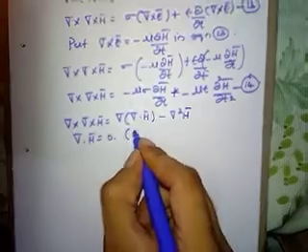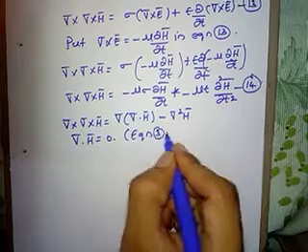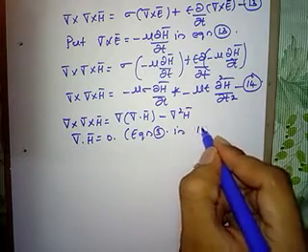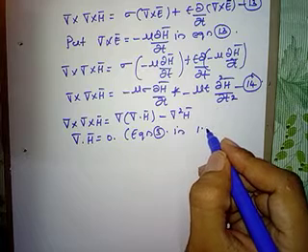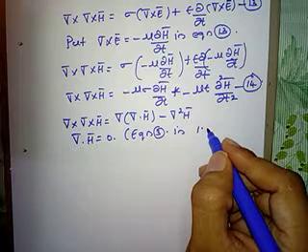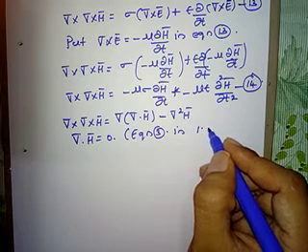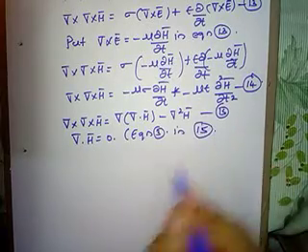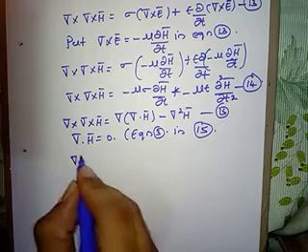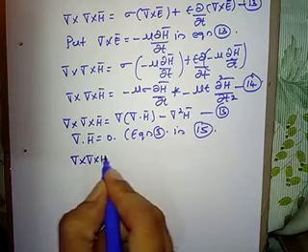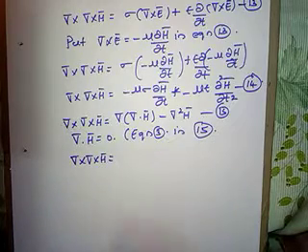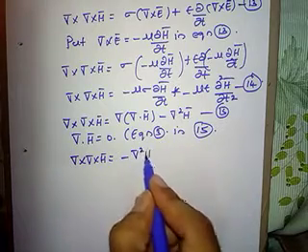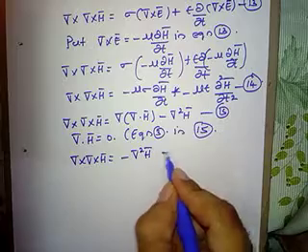Take this identity as equation 15. In equation 15, if you substitute this, we get del cross del cross H bar equal to minus del square H bar. Take it as 16.